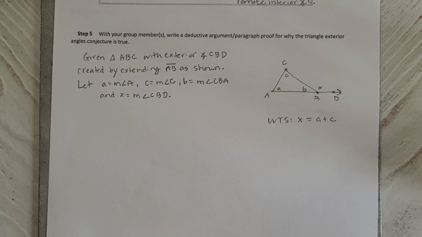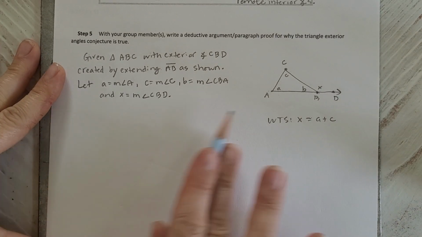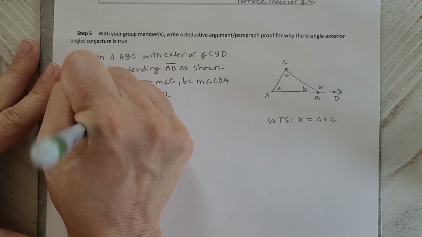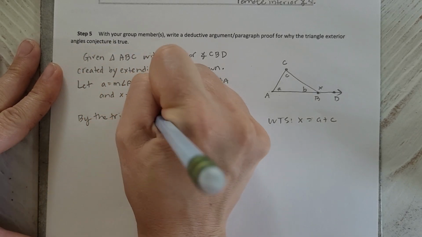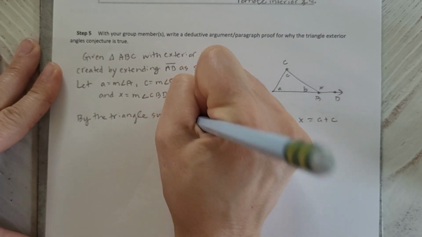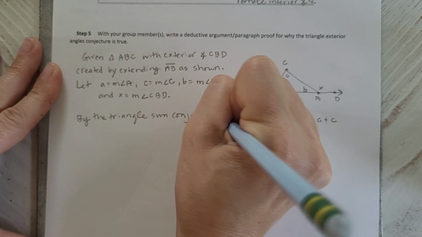Can you think of two equations that I can write by referencing some prior conjectures? I'm going to give you a hint. I talked about them in the warm-up. Okay, here they are. They are triangle sum and linear pair. So what we'll say is, by the triangle sum conjecture, what is true?